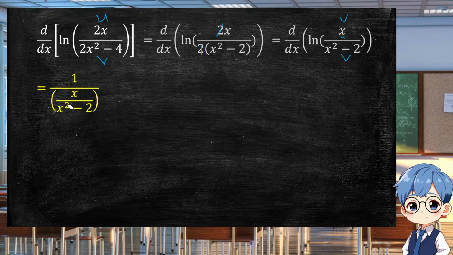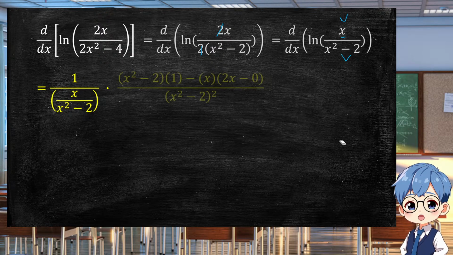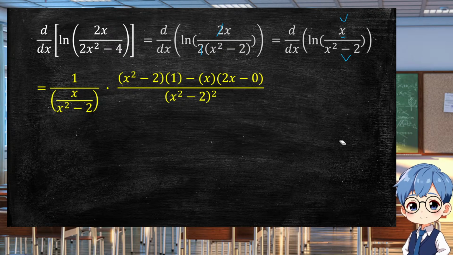So we have x squared minus 2, because we just copy v, then du, the derivative of x, which is just 1. Then we have minus u dv, so u is x, times the derivative of x squared minus 2, which is 2x minus 0. And then lastly, we have v squared in the denominator, so our v is x squared minus 2, that's why we have here the quantity x squared minus 2 squared.